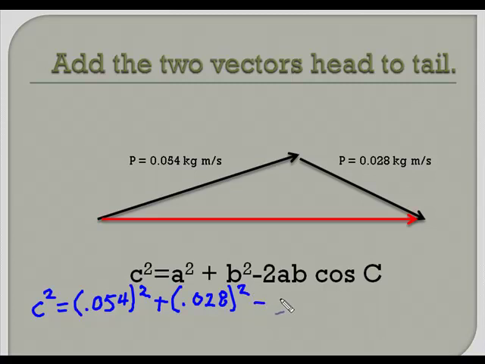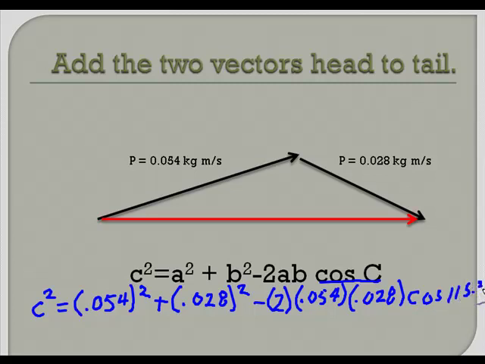Then we subtract 2AB, 2 times 0.054 times 0.028 times, remember, the cosine of that angle, the larger one there, which is C, 115.3. Now when you work this out, don't forget to take the square root.